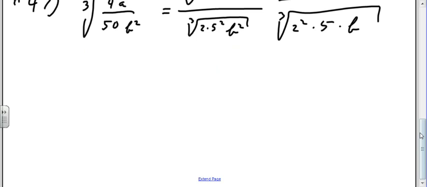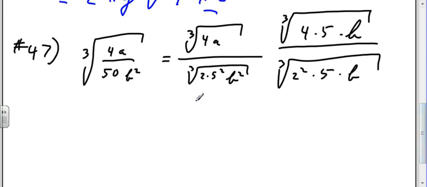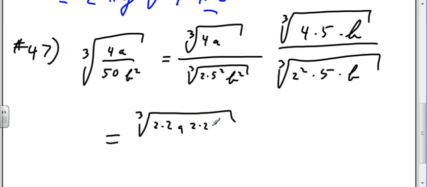And so now on the top, I have the cube root of 2 times 2a, 2 times 2 times 5b, and on the bottom I've got a 2 times 5, 2 times 5, 2 times 5b.